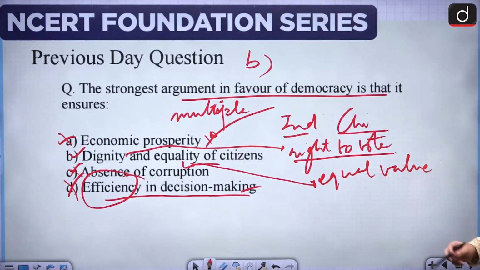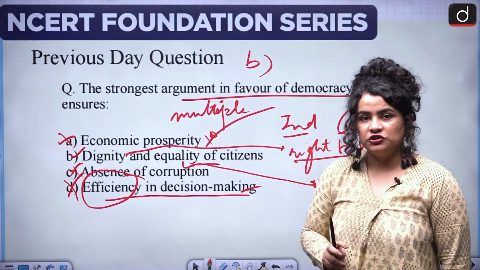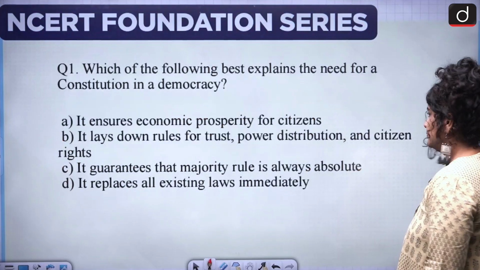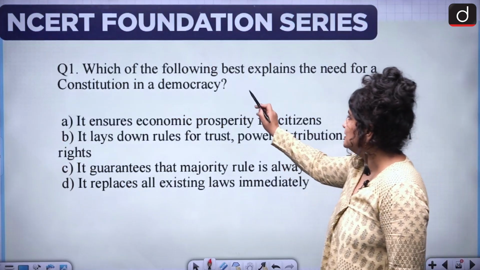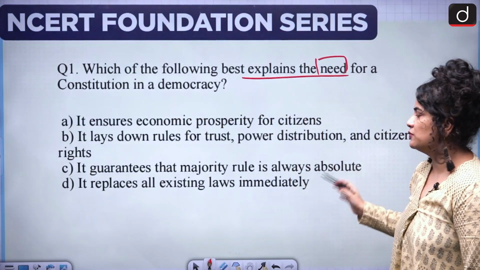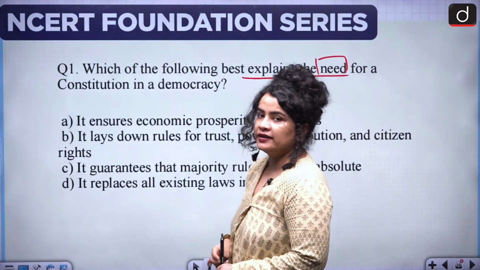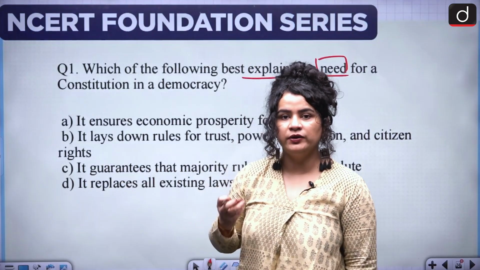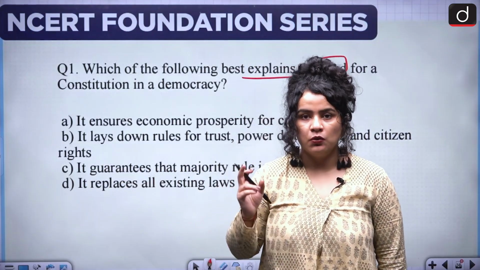Now let's move on to the first question for today, which is based on the constitution. Which of the following best explains the need for a constitution in a democracy? Now right off the bat, in the previous session we had discussed that in a democracy we do need a constitution. Why?